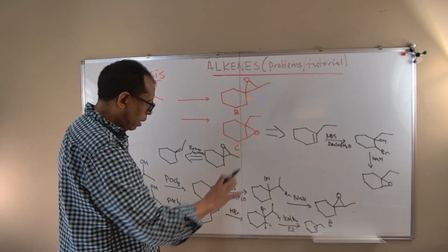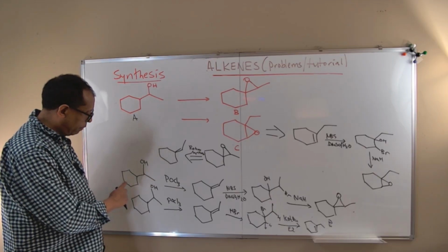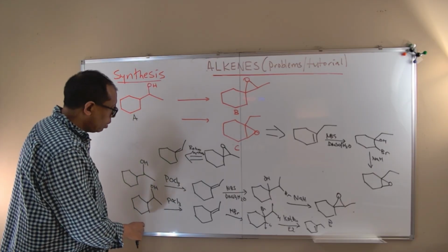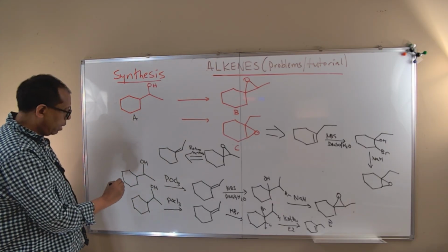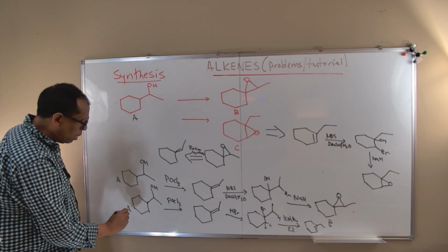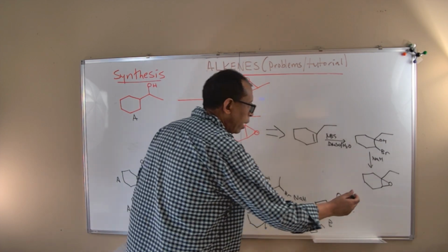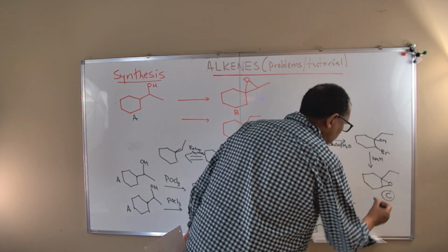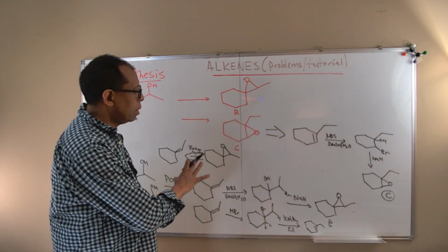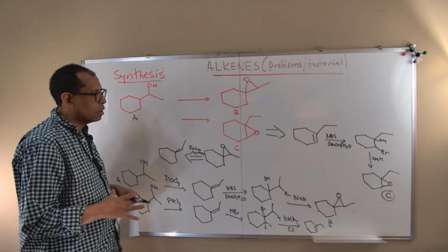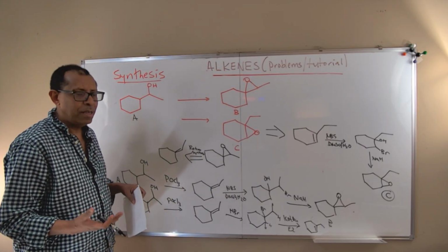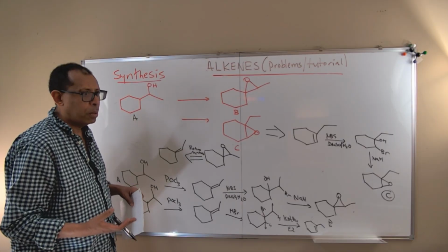That concludes the synthesis of the second one. So from compound A, we were able to make B, and we were able also to make C. That is multiple synthesis, which is very exciting to see, how we could synthesize these molecules.